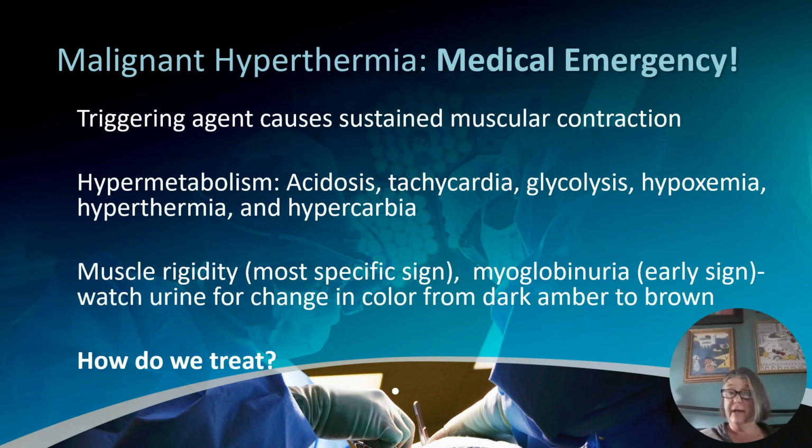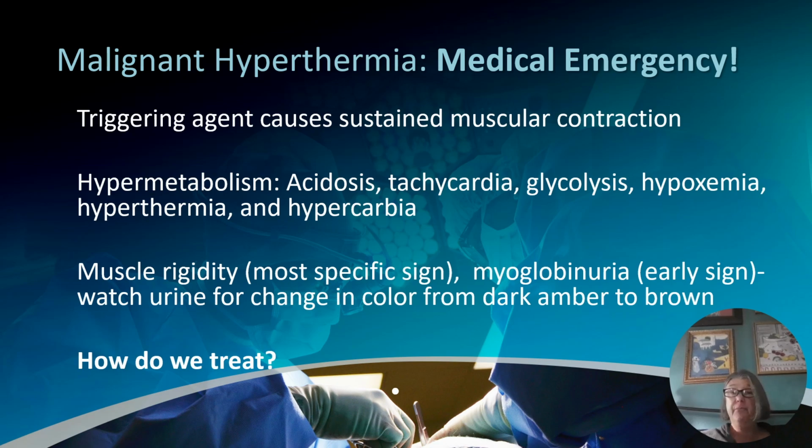The person will have that reaction right away, but they have seen it where the patient has made it through surgery and they're rolled out to PACU, and in PACU they start to have this malignant hyperthermia reaction. So it is important for all of those nurses to be aware of what these signs look like. The most specific sign of MH is skeletal muscle rigidity.